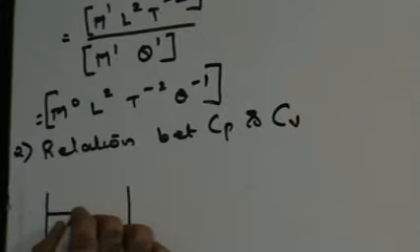Next, let's try to find a relationship between Cp and Cv, molar specific heat at constant pressure and molar specific heat at constant volume. Let us consider a cylinder fitted with a weightless, frictionless piston. Right?